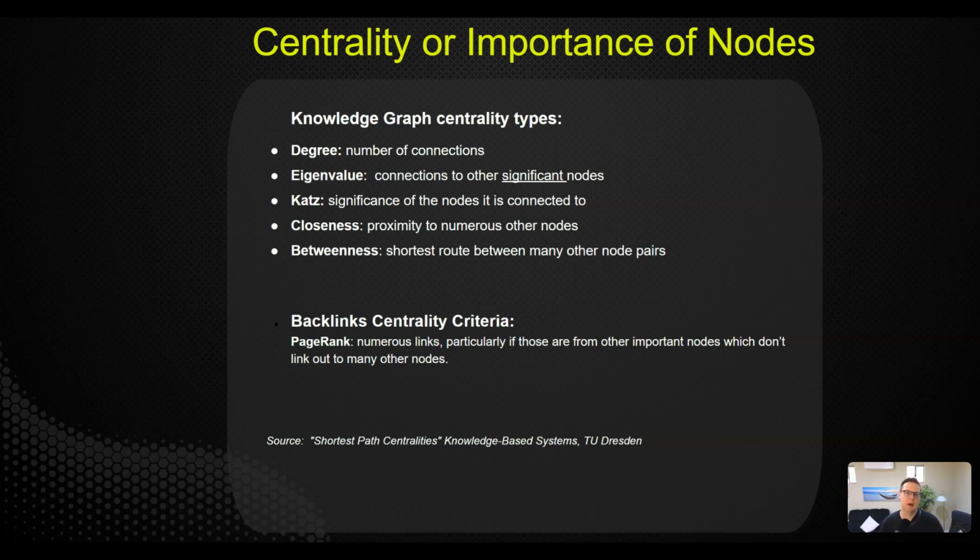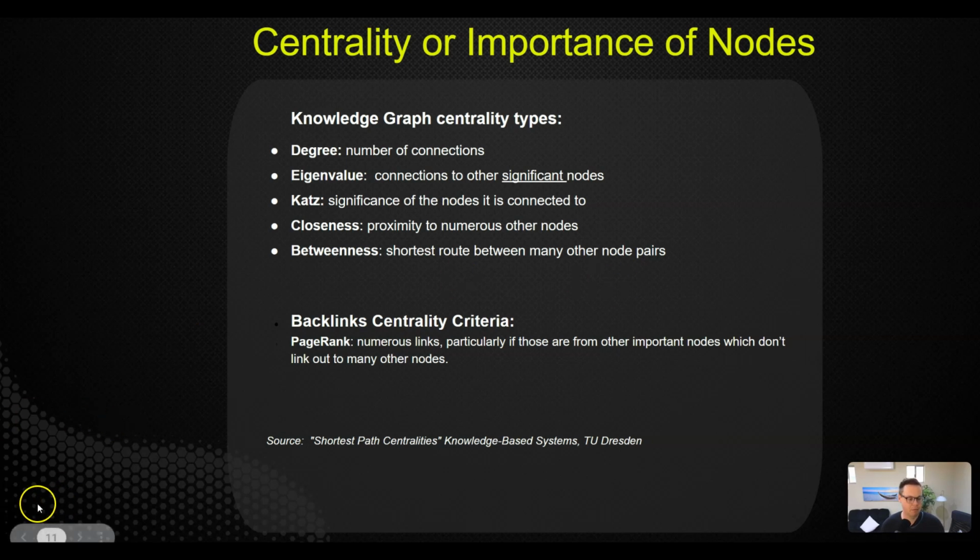So that's another way to look at it: I want to talk about this topic, but to explain that topic well, what other things do I need to go through, and what other entities are needed there? And then something that relates to backlinks and centrality would be the PageRank algorithm, which Google is not using for knowledge graphs, but it's still interesting to know that this is all related, and some of the similar concepts could apply to knowledge graphs as well.